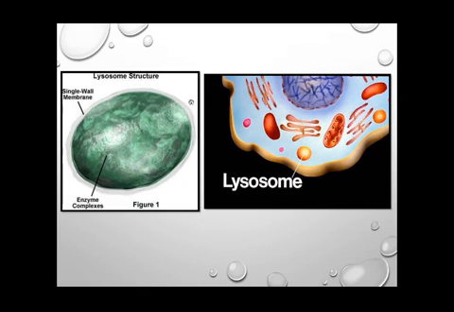It is a single-walled structure with a single membrane, and many different hydrolytic enzymes are present inside the lysosomes. In the cell you can observe lysosomes as small circular structures which contain certain hydrolytic enzymes, and they act as the suicidal bags of the cell.